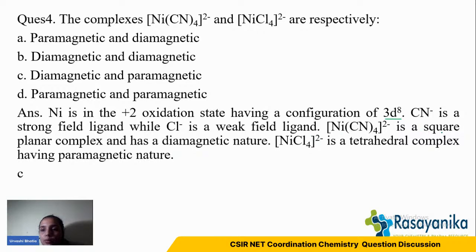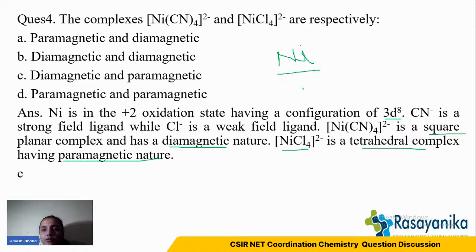So this square planar, we have to remember this, that nickel 2 plus with the strong field ligand is going to give a square planar complex, and it will be having a diamagnetic nature. While with the weak field ligands, it will be a tetrahedral complex having a paramagnetic nature.